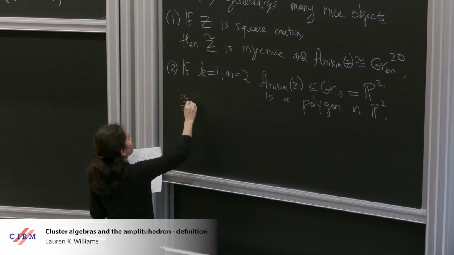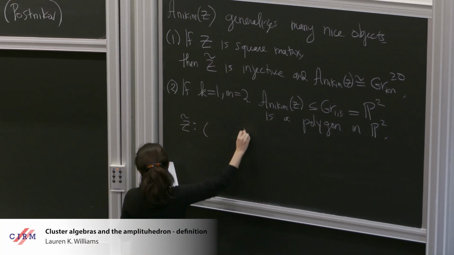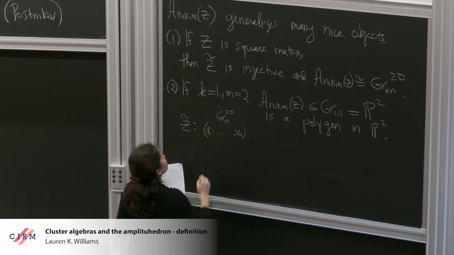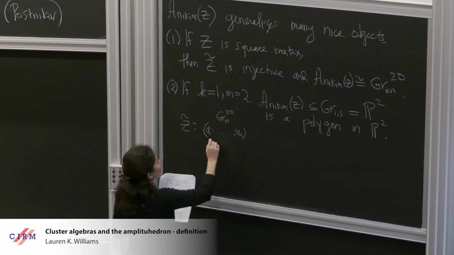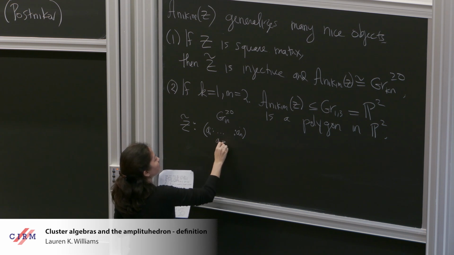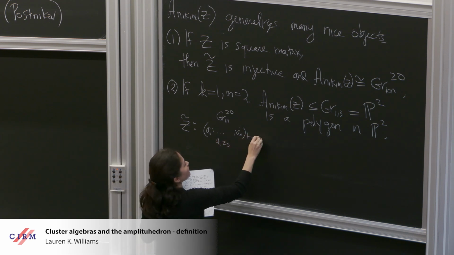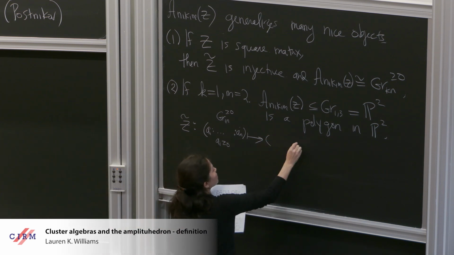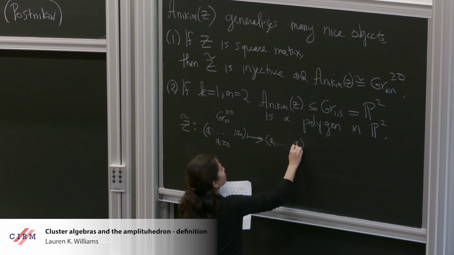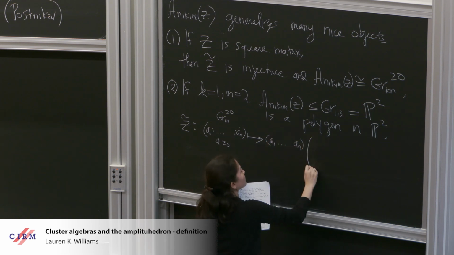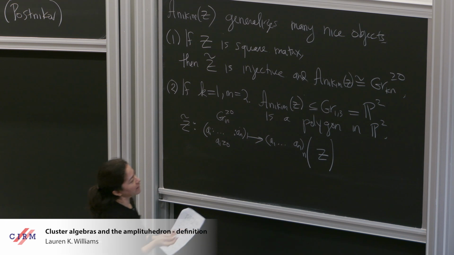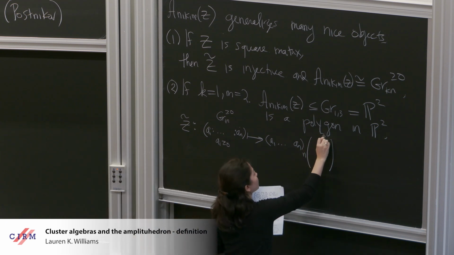So Z tilde will be a map taking points in the non-negative part of Gr(1, n), so all of these coordinates are non-negative, and it maps this element of the TNN Grassmannian to the matrix product of this row vector times my matrix Z, which is an n by k plus m matrix, or in other words, an n by 3 matrix.